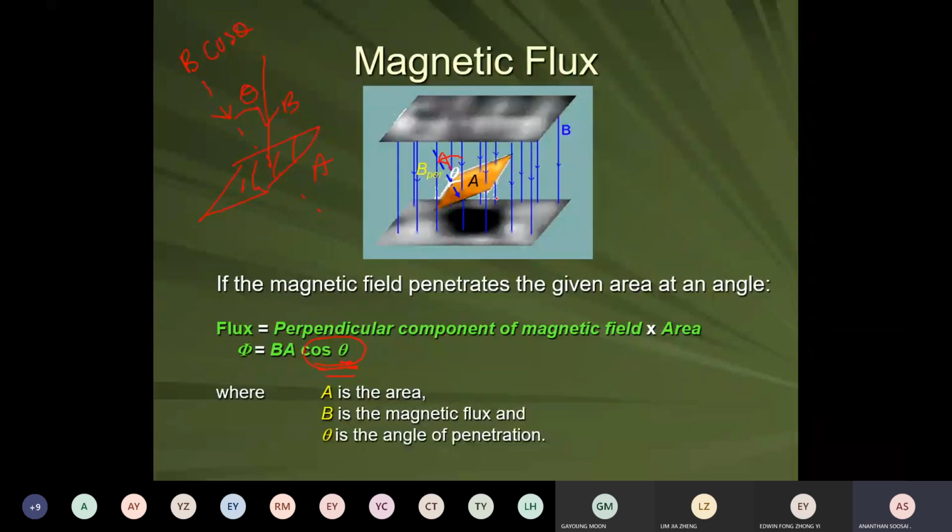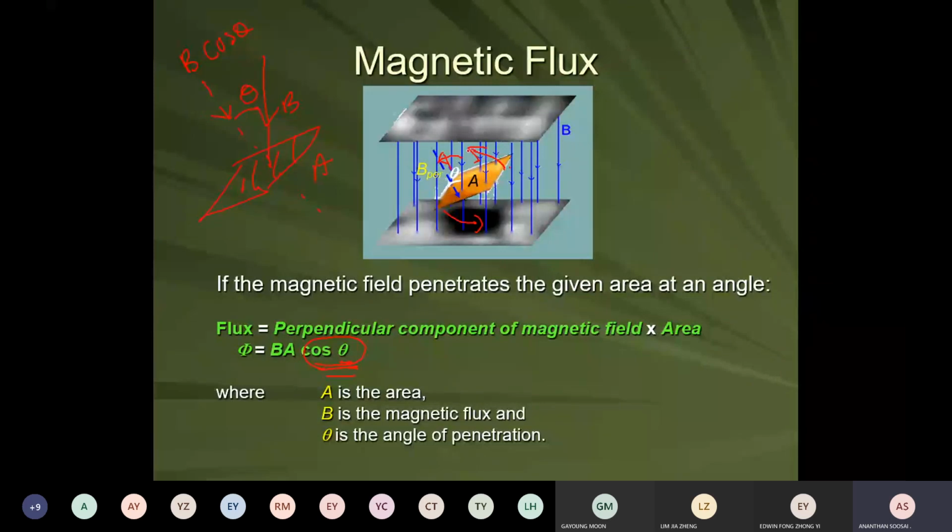Now you tell me. You see this area. If this coil turns in an anti-clockwise direction, what happens to the flux? Does flux drop or rise? This area becomes more vertical.